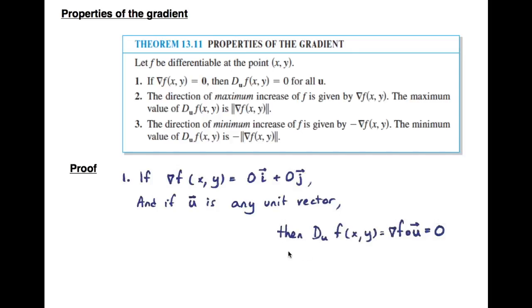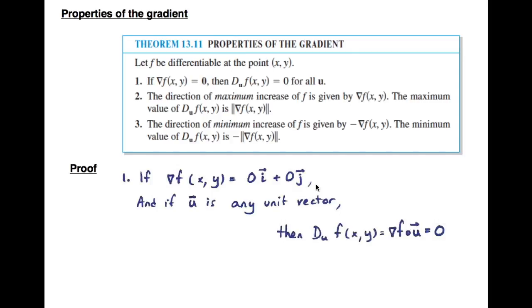It makes sense because the magnitude of del f will tell us the steepest slope. So if del f has a magnitude of 0, the steepest slope is 0, and therefore all slopes are 0.